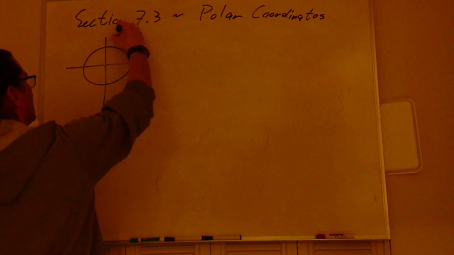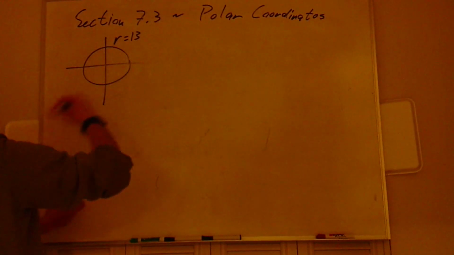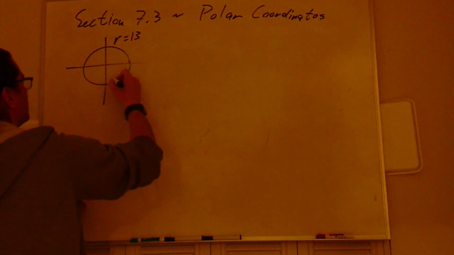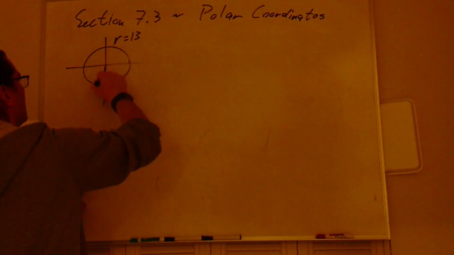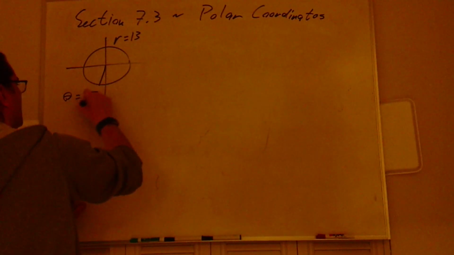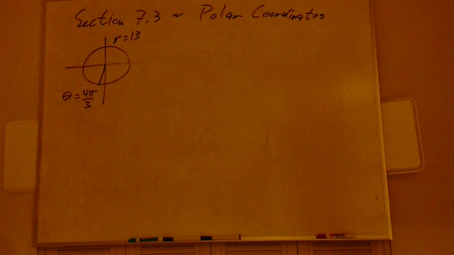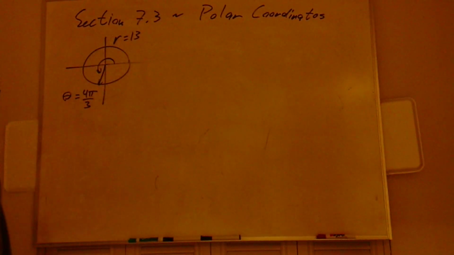Let's have this one have a radius of, I'll go with 13. 13 seems fun. And I'm going to do theta is 4 pi over 3. This seems like a good angle. 4 pi over 3 with a radius of 13.